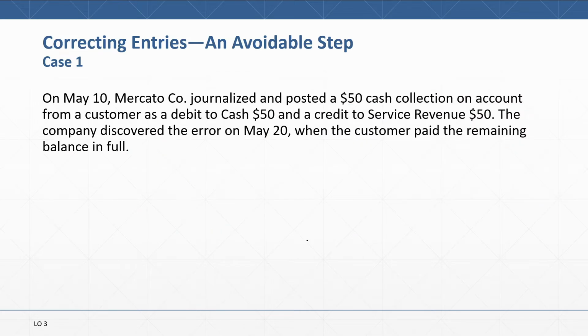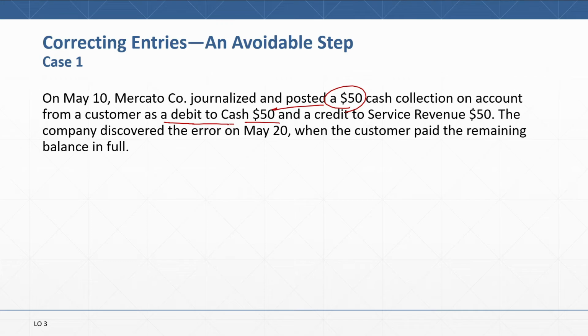Another example is when we use the correct amount but the wrong account names. Let's see what's going on here. On May 10, the company journalized and posted a $50 cash collection on account from a customer as a debit to cash, correct so far, $50, correct amount.